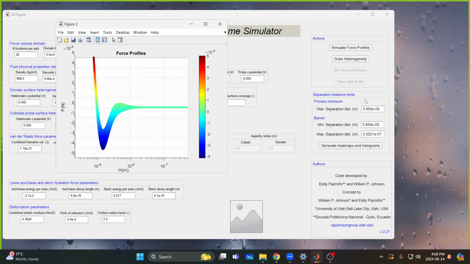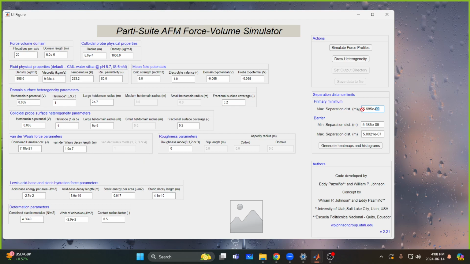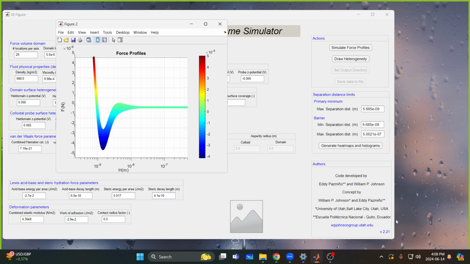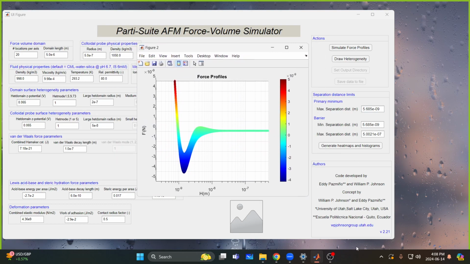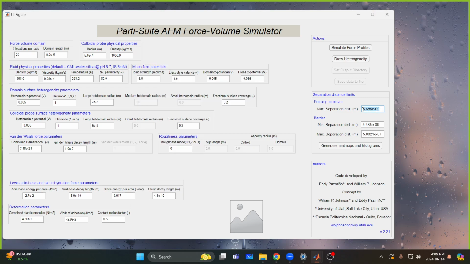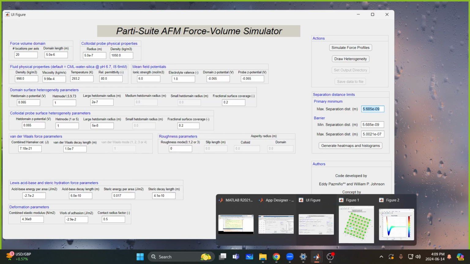So if you look at the right side of the input window, if you don't think those values are quite right, if they're not really capturing the zones in which you find your features, you can adjust those. You can literally put the cursor in there and change that number. But let's just go with the default ones, because what it's saying here is the primary minimum is no further out from the surface than 5.7 nanometers, 5.68 nanometers.